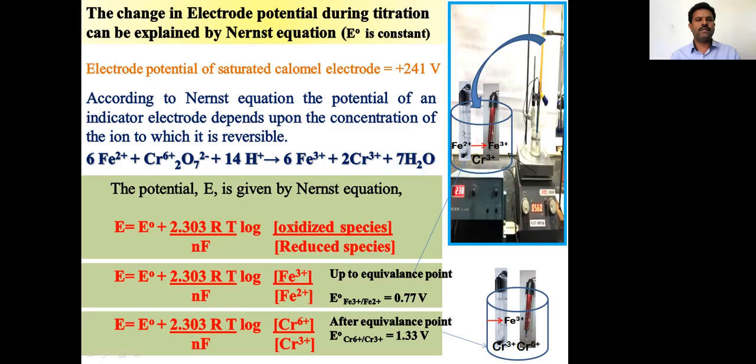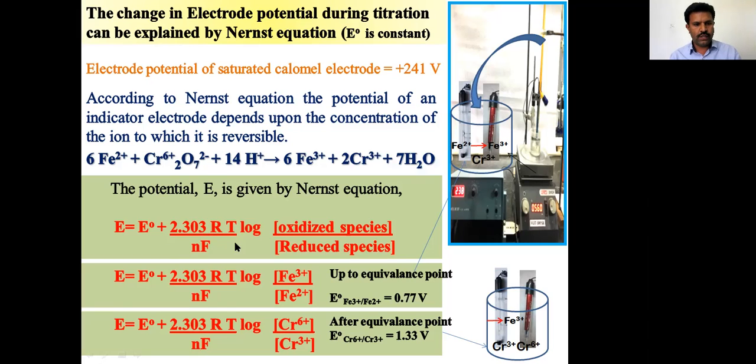If we look at the Nernst equation, the electrode potential E is equal to the standard electrode potential E naught plus 2.303 RT divided by nF log of the concentration of oxidized species divided by the concentration of reduced species. Here the electrode potential of the reference electrode is constant, hence the change in electrode potential during the titration depends on the platinum electrode potential.